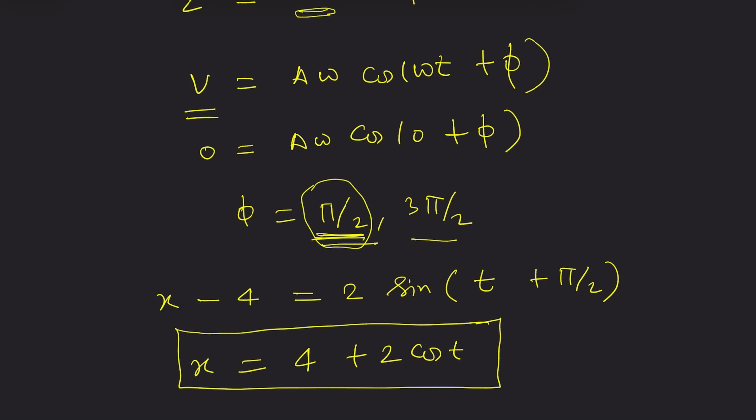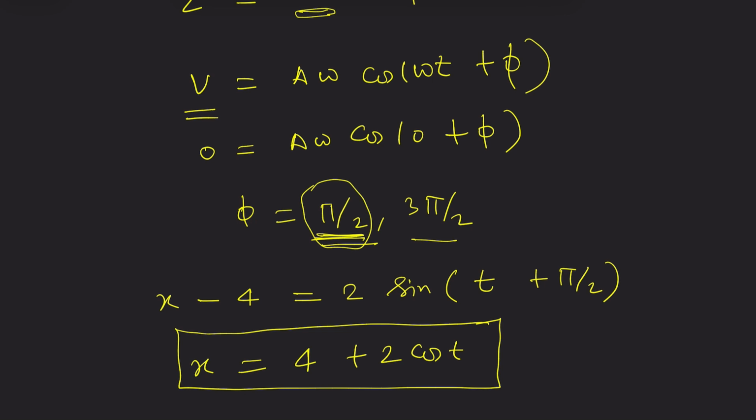Always remember, if the particle is crossing the mean position and going towards the positive direction, phi is going to be 0. If it is at a positive extreme and going towards the mean position, then we will take pi by 2. If it is at the mean position and going towards the negative side, we will take minus pi as the phase constant.